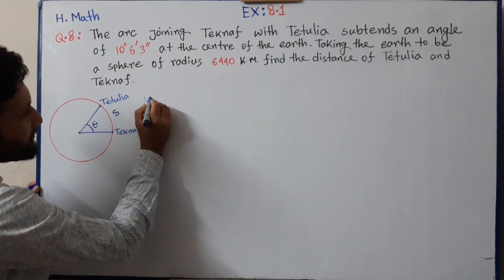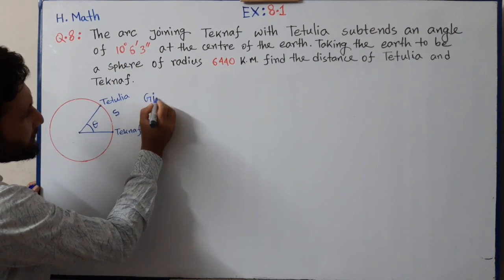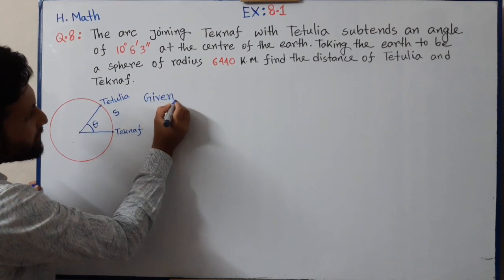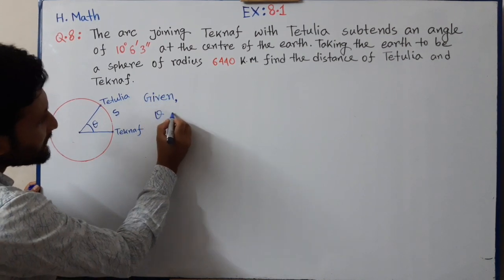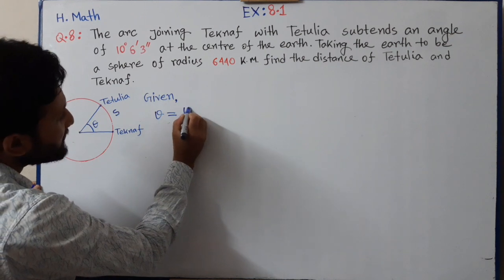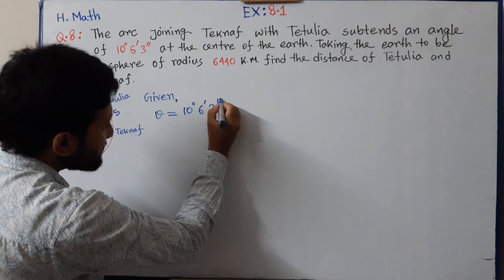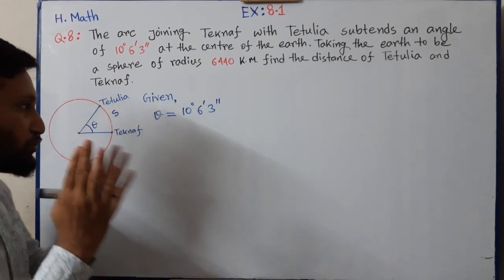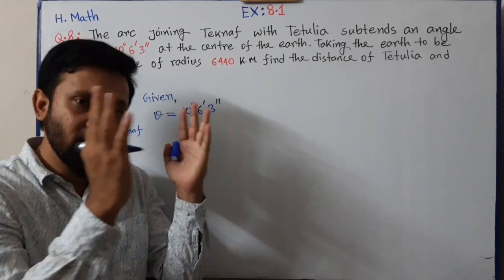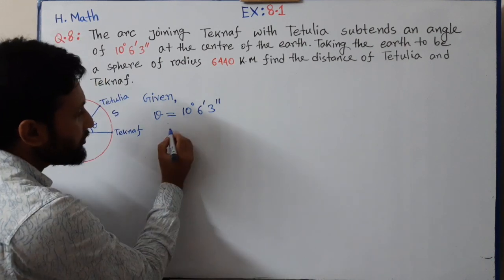So we can write, given, the angle theta equals 10 degrees 6 minutes and 3 seconds. You already have to know how to convert this into radians. Now follow me.